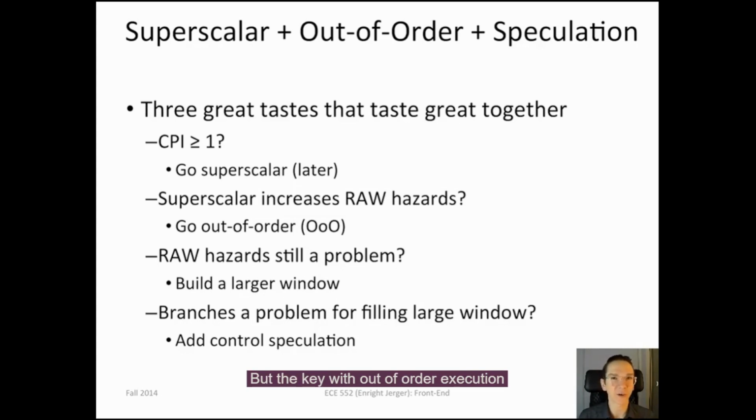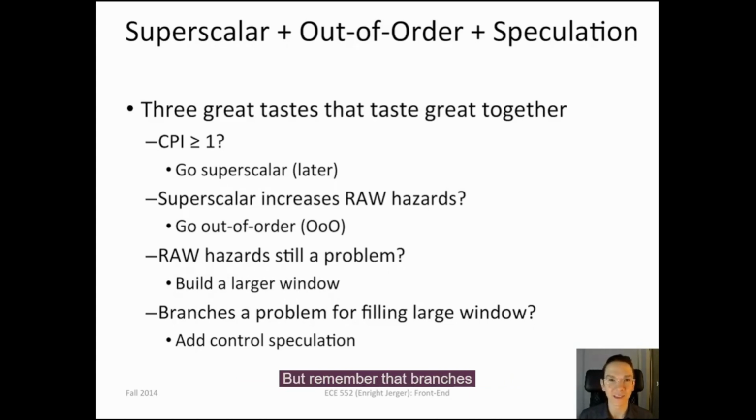But the key with out-of-order execution is to find independent instructions that we can process out of order. So if the RAW hazards are still a problem, then we build a larger instruction window. We increase the size of the reservation stations, the reorder buffer, and the physical register file.